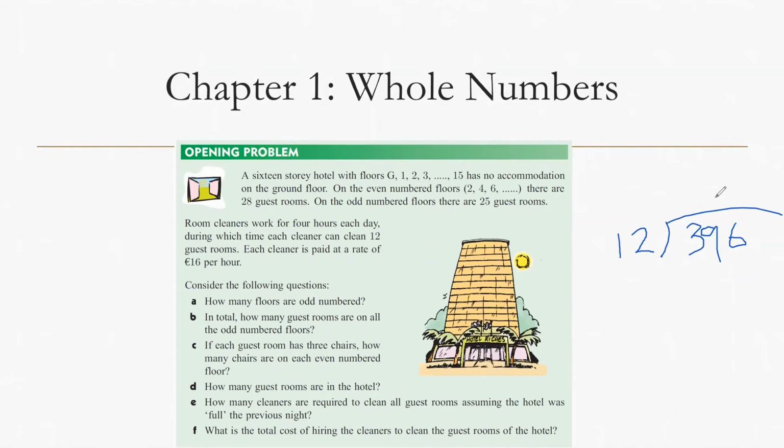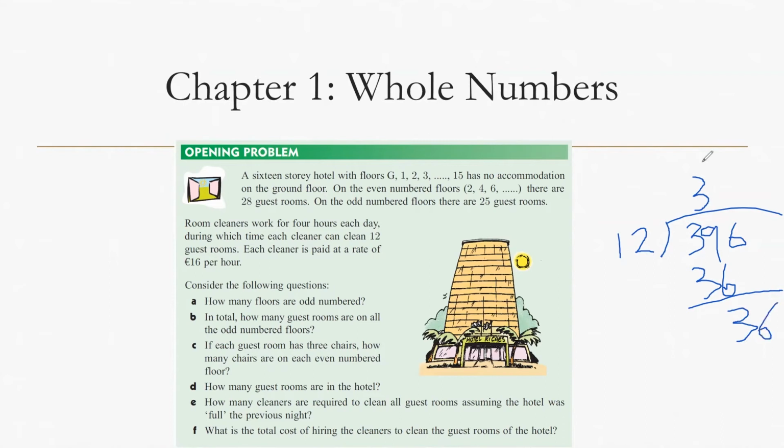What am I putting up here? 3. Because 36 is the closest number that fits to 39. Good. And then you end up with 3, and then you put the 6 behind the 3 and divide that by 12 again, and you end up with 3. So the answer is 33.